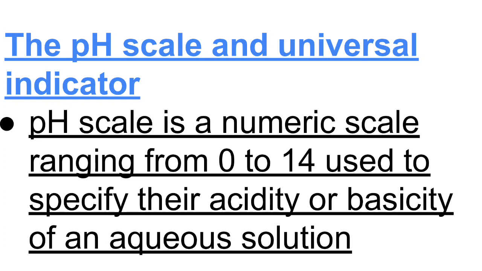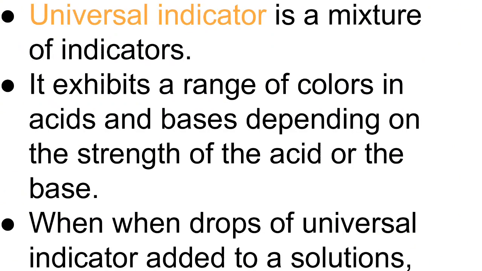Now, let us move on to the pH scale and the universal indicator. What is a pH scale? A pH scale is a numeric scale ranging from 0 to 14 used to specify the acidity or basicity of an aqueous solution. The universal indicator, on the other hand, is a mixture of many indicators.